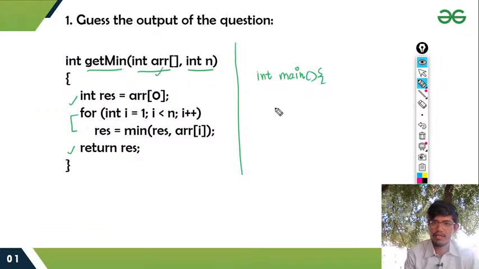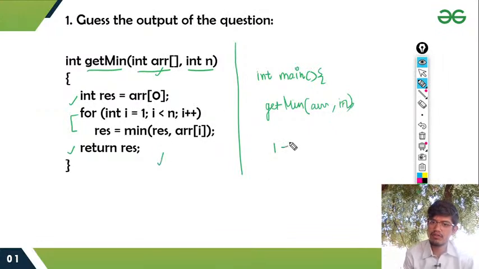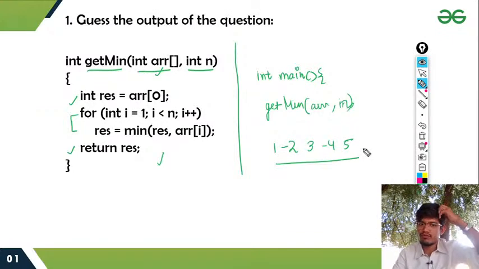You have this array. You are just passing this array to getMin, and the size. Size is n. So you need to tell me what will be the output for this. Suppose the input is something like 1, minus 2, 3, minus 4 and 5. You need to tell me what will be the output for this question.